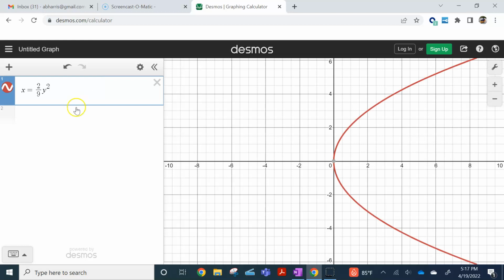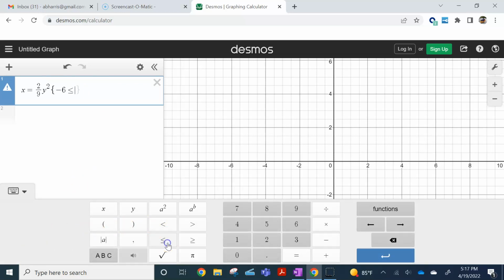In fact, I can even restrict the parameters, the y values. When we had a t value of -2 to a t value of 2, it went from -6 less than or equal to y less than or equal to 6. It restricted our y values there.